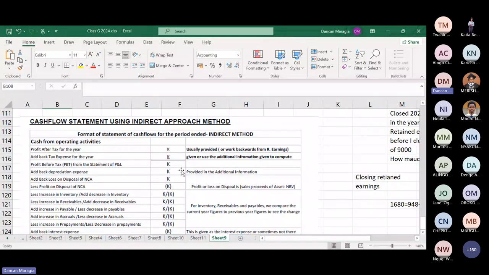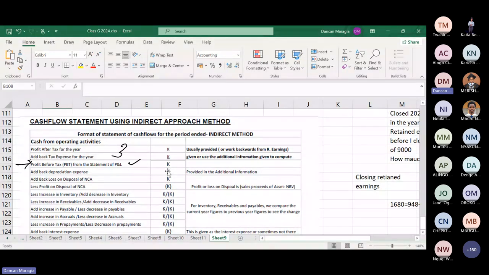Sometimes in the question, by the way, you may be given profit before tax, meaning the examiner wants you to start from profit before tax. Then there is no hassle of starting from here; you just start from there and work downwards.